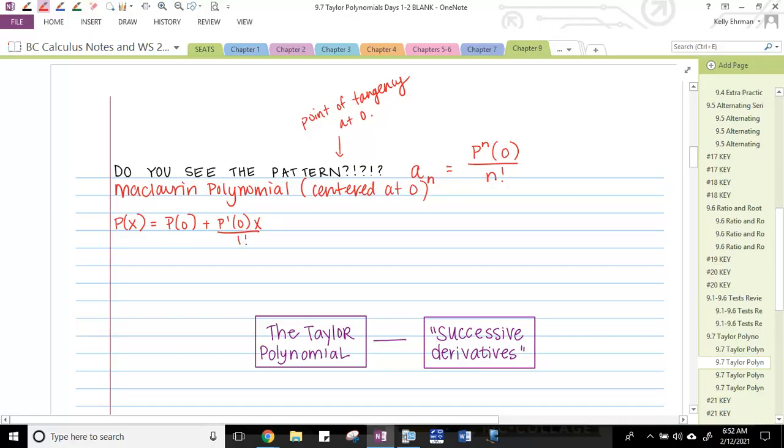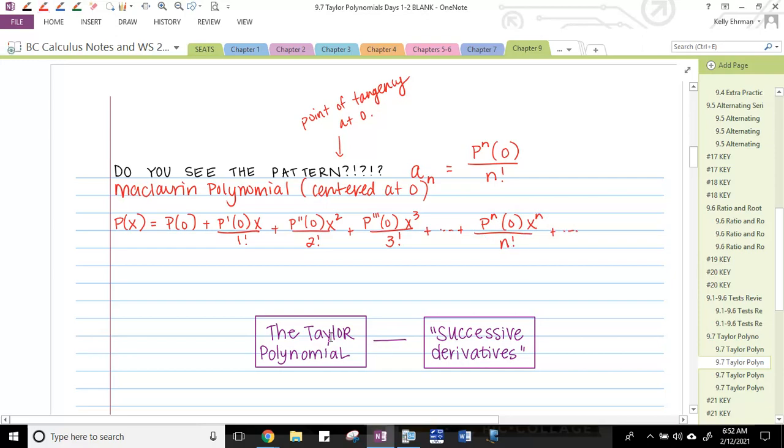I don't usually write that, but just to fill in a pattern. Technically this first term is times x to the 0 over 0 factorial, plus the second derivative at 0 times x squared over 2 factorial, plus the third derivative at 0, x cubed, over 3 factorial, etc. Plus the nth derivative at 0, x to the n over n factorial.